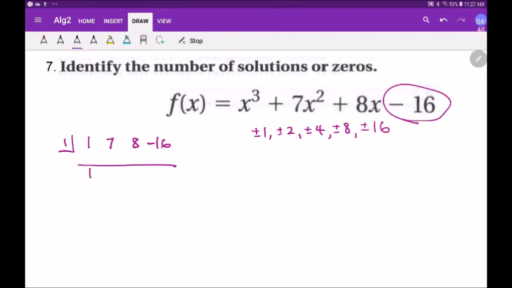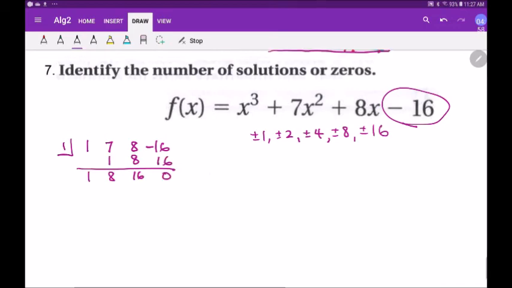Alright, 1 comes down, 1, 8, 8, 16. Oh my goodness, it's good to be lucky. So that's x minus 1 times x squared plus 8x plus 16. Just to be clear, the positive 1 goes with the negative 1 to make 0. And then I use these numbers, just so you see where I'm getting this.